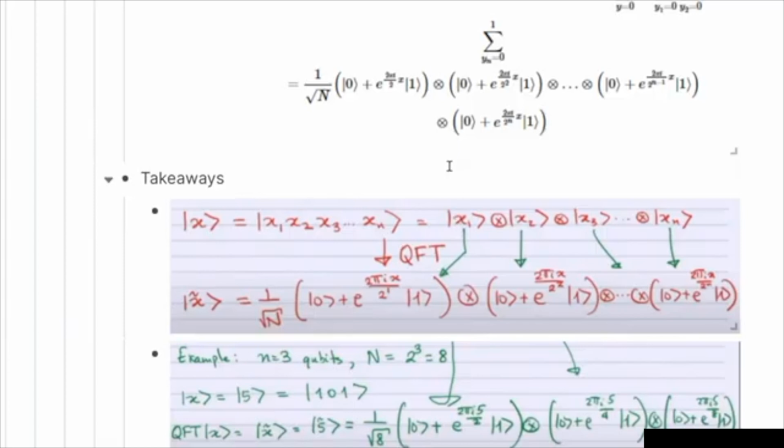So if we have x1 over here, it could be transformed as 0 plus 2 pi i x1 over 2 power 1, and x2 over here 0 plus 2 pi i x2 over 2 power 2, and similarly xn transformed independently. So when we have this independence, we can easily convert this form into a circuit form.